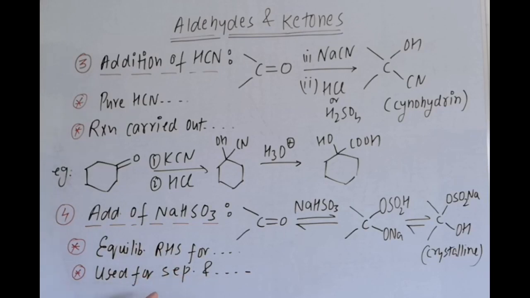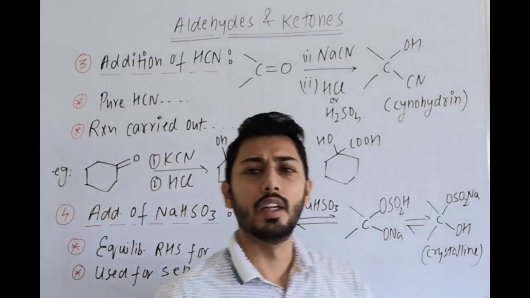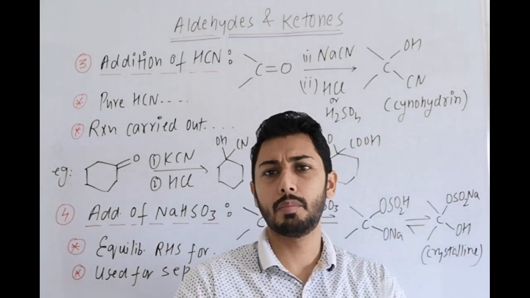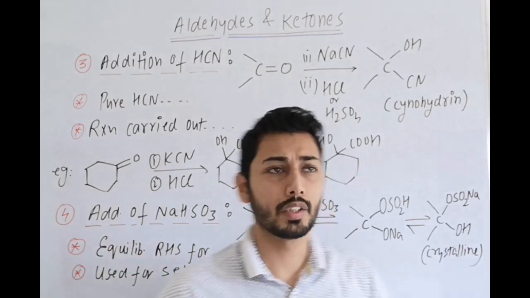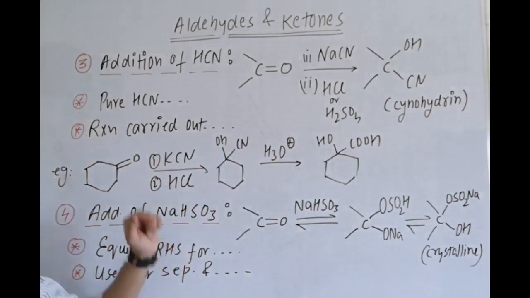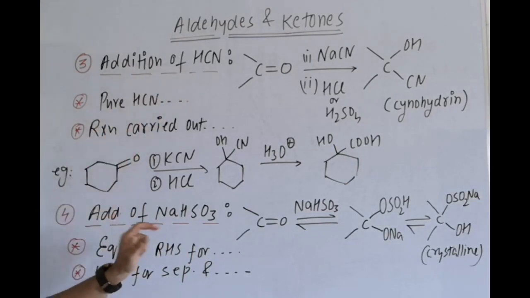So sodium bisulfite addition is used for separation and purification of carbonyl compounds: aldehydes react, ketones do not react, acetone reacts, but with bulky crowding this reaction is not possible with ketones. So these are the two reactions: addition of HCN and addition of NaHSO3.